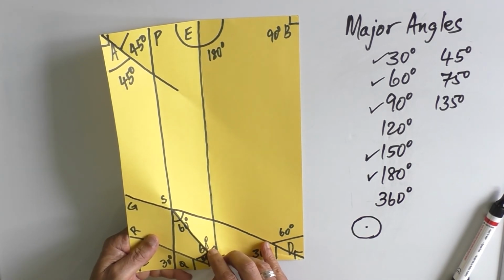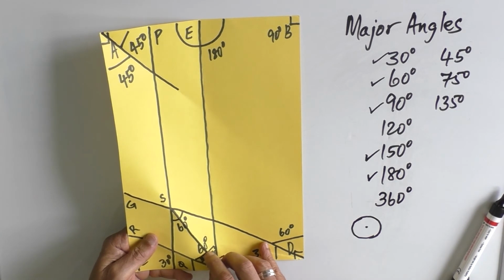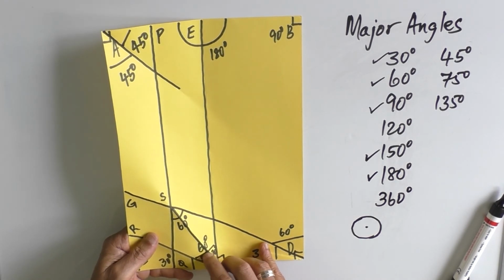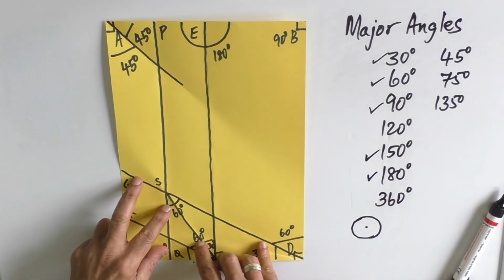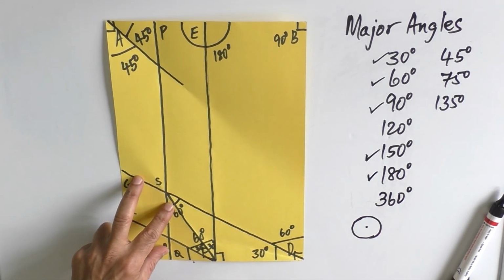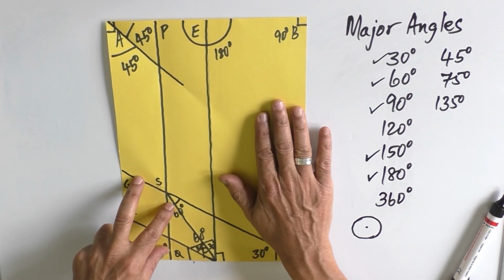So 120 and then 150, the child will be able to get an approximation that this can be made into three parts. So 140 degrees may be 120 degrees, 130 and 140. The child will be able to get an approximation of identifying all types of angles.